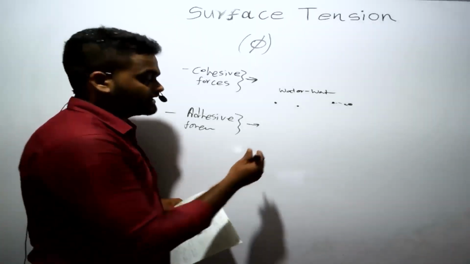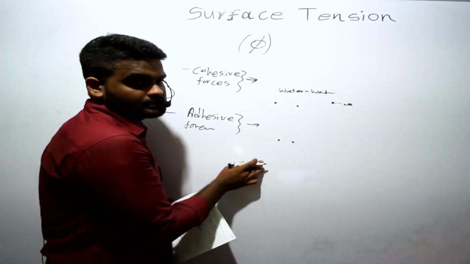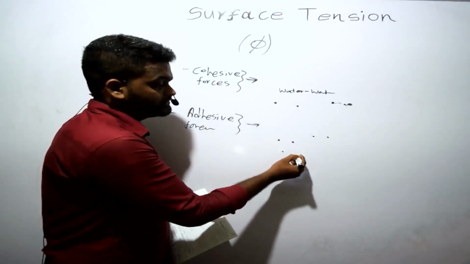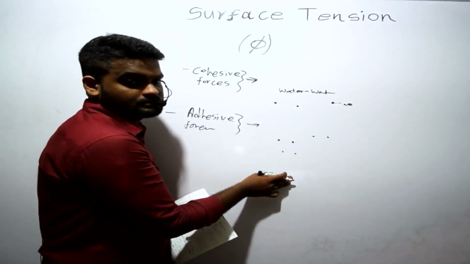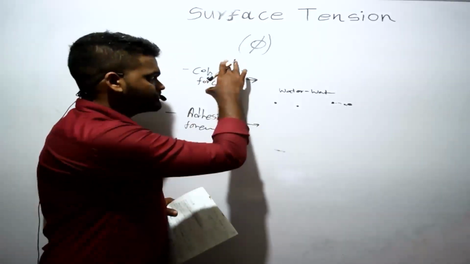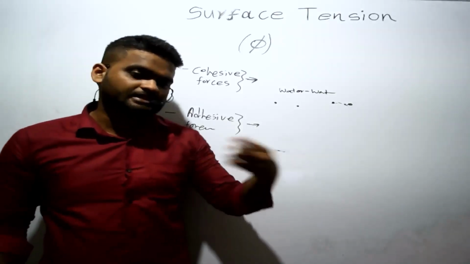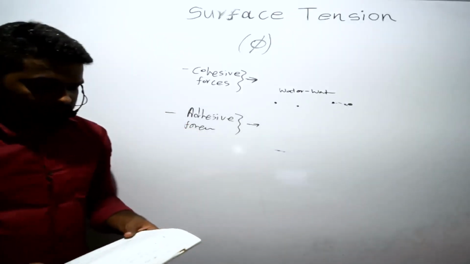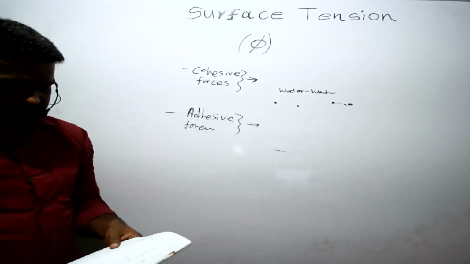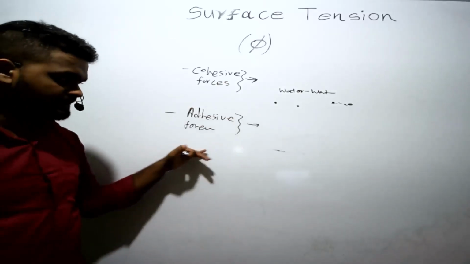So what is that? A glass particle and a water particle, a water particle and a mercury particle, or a water particle and a sugar particle. Those are called adhesive forces. Cohesive forces and adhesive forces are the main types of intermolecular forces, right? Quickly we'll take the note.